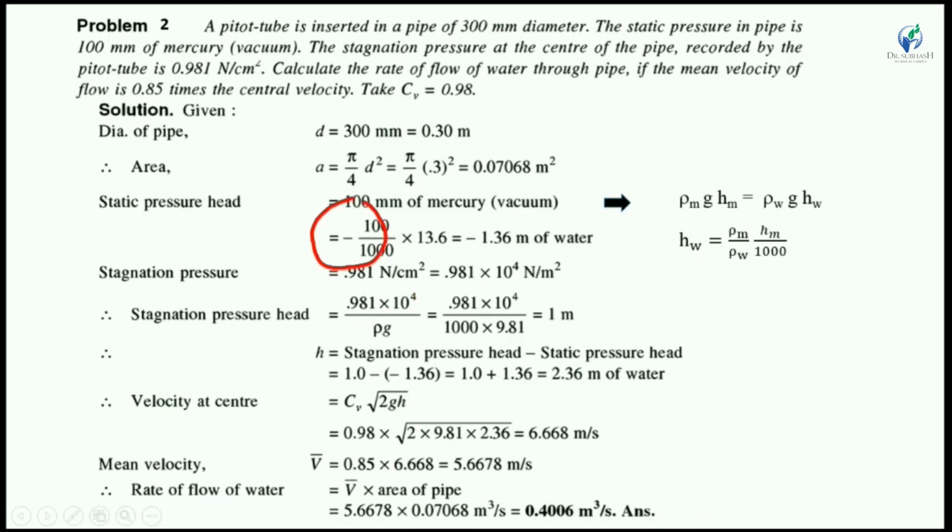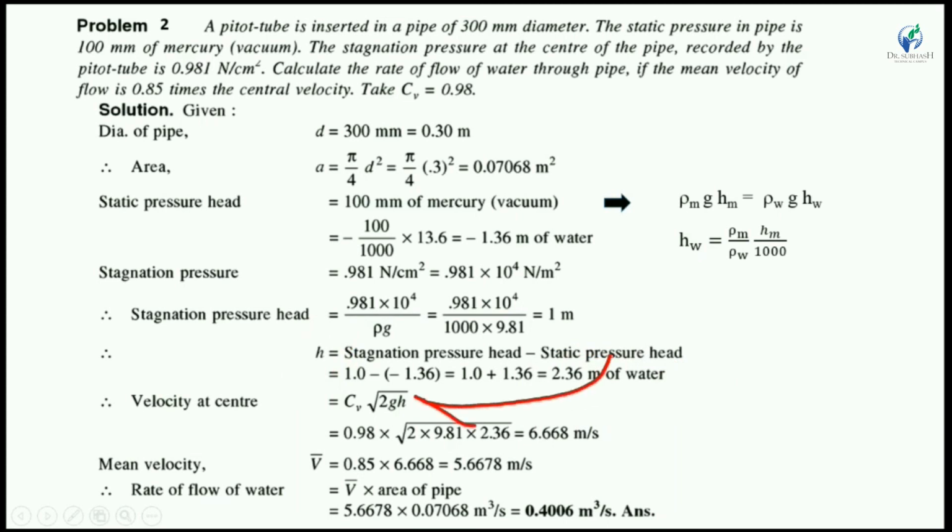Here the sign is negative for the static pressure head because it's mentioned as a vacuum, a pressure lower than atmospheric pressure, so it's denoted by the negative sign. Now the stagnation pressure is given as 0.981 Newton per centimeter square, so it's converted into Newton per meter square. And now you get the value of small h, that is 2.36 meter of water.